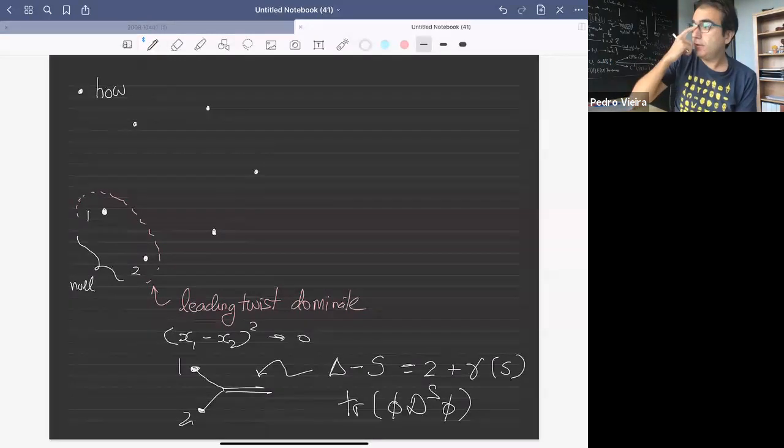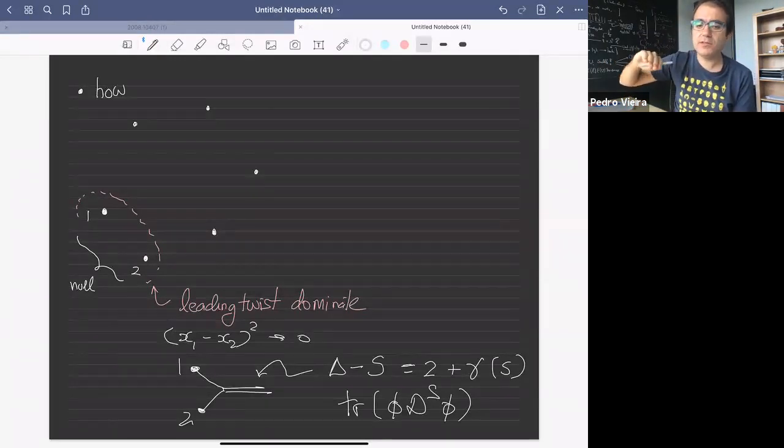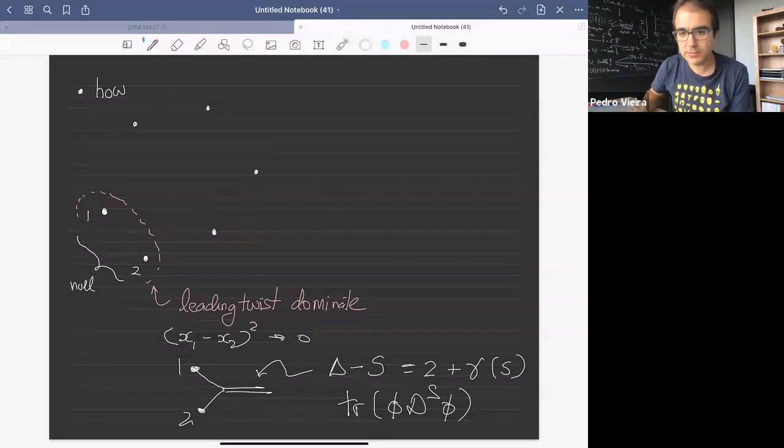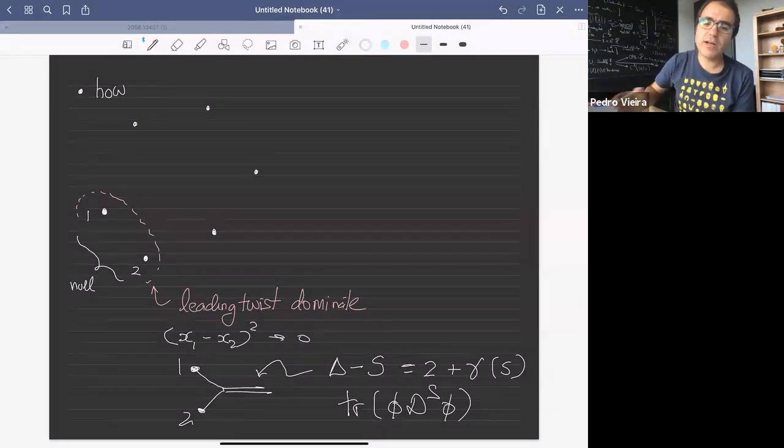But indeed, if the coupling becomes very big, for example, at some point, this quantity could grow and become even bigger than 4, for example, right? And at some point, when it reaches 4, it could mix with other operators that would now become the leading twist. So they could be operators of the form phi squared times phi squared with derivatives in the middle. So let's suppose we are at a coupling that is finite, but small enough such that they are still the lowest twist operators.